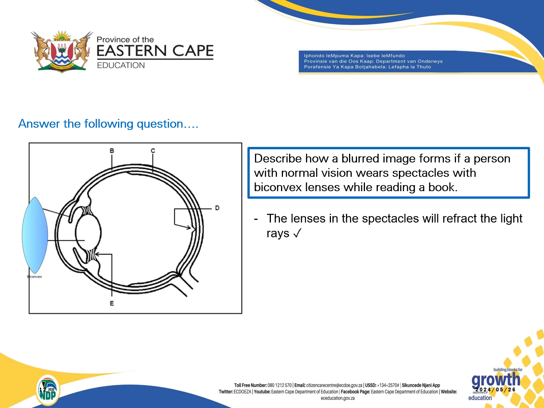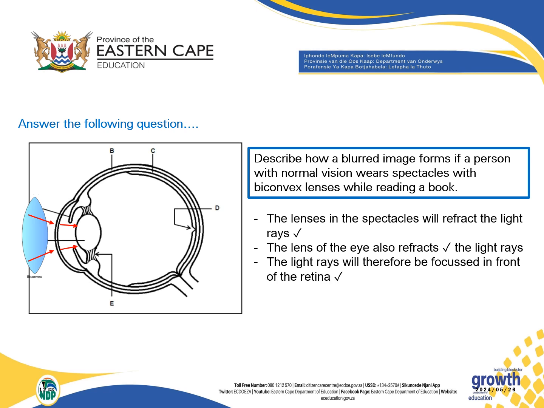But in this case, the lenses of the spectacles will also be refracting the light rays. The lens of the eye also refracts the light rays. And this means that the light rays will be focused in front of the retina because the light rays are refracted too much. In other words, the light rays are bent too much, and instead of focusing on the retina at the back of the eye, they will form before the retina, and therefore the image formed on the retina will be blurred.